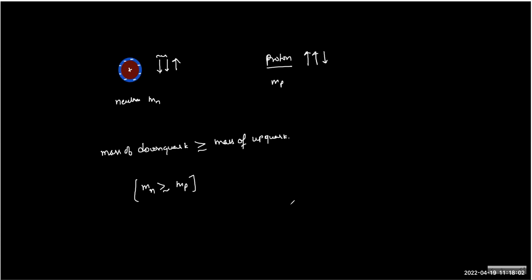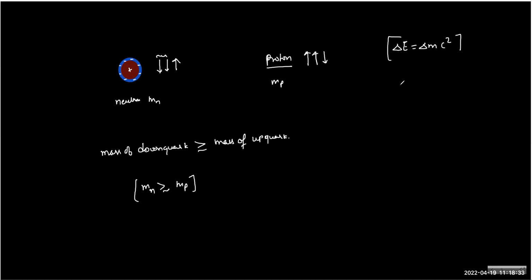And this mass difference is very interesting, very useful also, because a neutron is able to transit into proton within the nucleus easily, because the high mass object can convert into low mass by releasing energy, and that energy is given by the Einstein mass energy equation, delta E equals delta m c square.